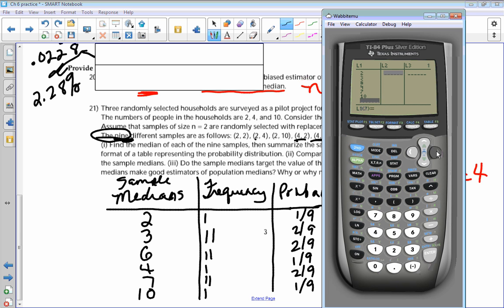In L2, I'm going to put their frequencies or their probabilities. So in L2, my probability is 1 divided by 9, and it's going to do the math for you.